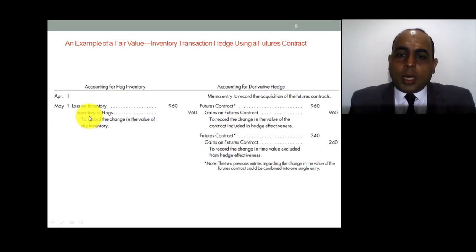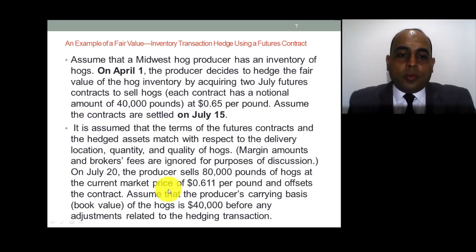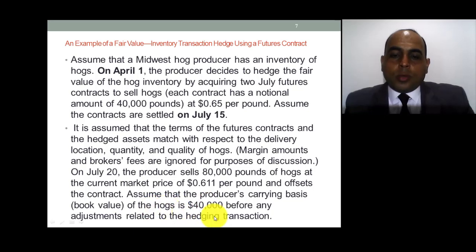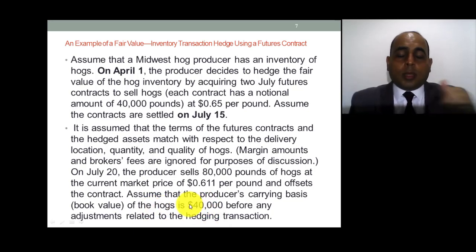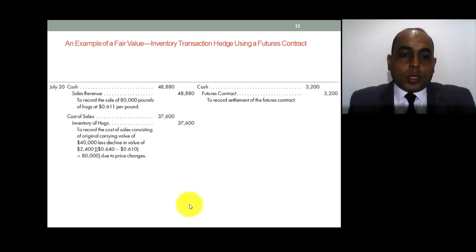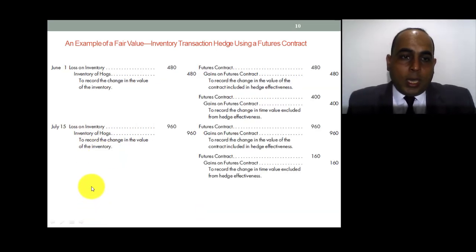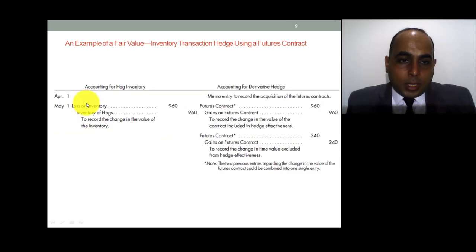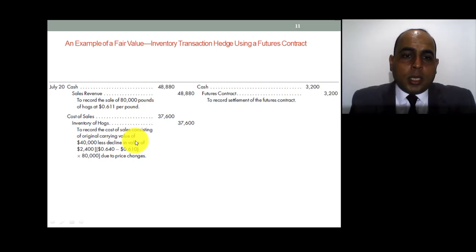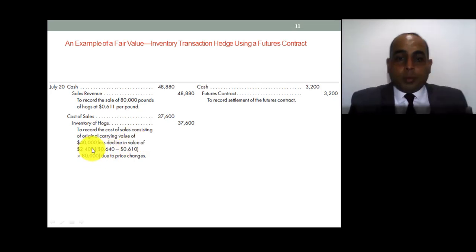Here, be careful. What's the cost of inventory? As mentioned before in the example, the cost of inventory is 40,000, but as it's associated to a future contract, you have to deduct the amount of it. Here we have deducted it many times by 960, by 480, by 960. In total, we are talking about 2,400 already deducted. So it's not 40,000.